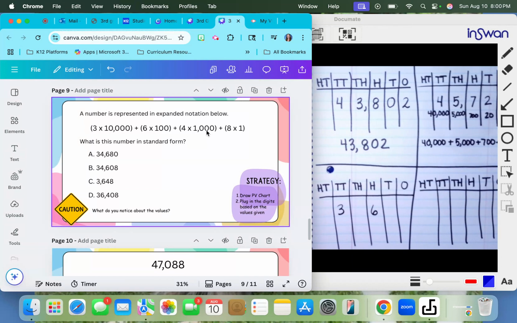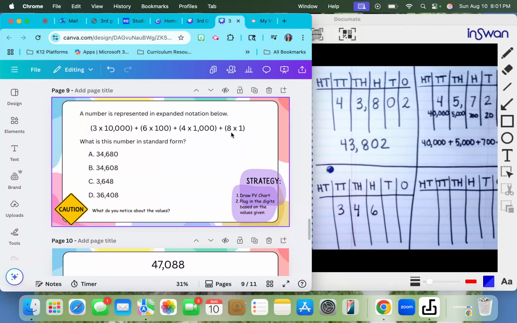Did you notice what just happened? They mixed up our values here. They're trying to trick us. But they're not going to trick us because we know that we have our place value chart and can plug in our digits. So there's a 4 in the thousands.